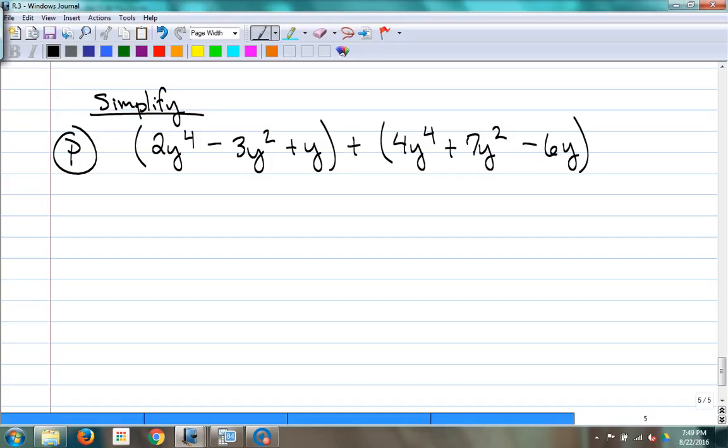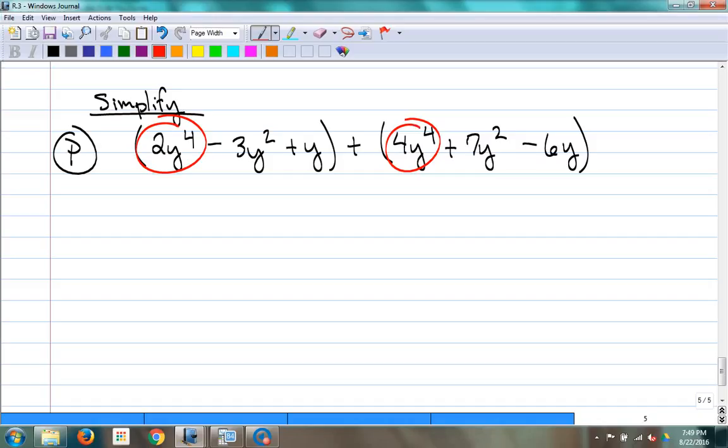Okay. So what we look for, if we're going to simplify, are like terms. What does it take to be a like term? Same variable, same exponent. It has to be both. Okay, so that means 2y to the fourth has what that's a like term with it? Yeah, 4y to the fourth. And when I add those two together, do the exponents change?